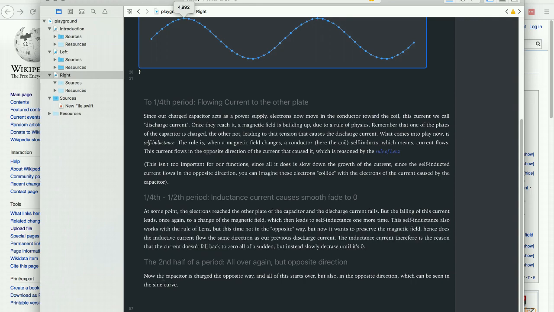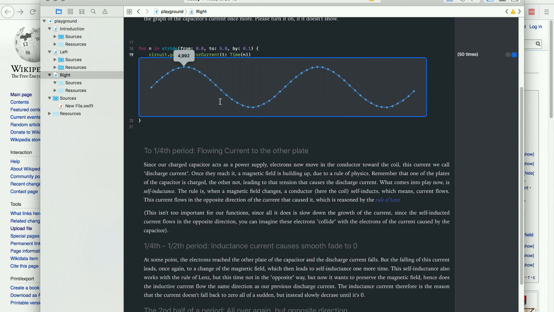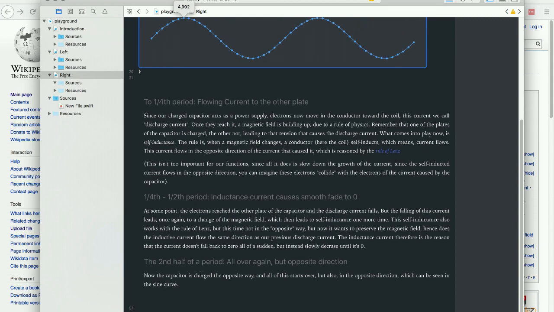The second half of a period, so one whole period, since we could just move around where we want it to be. So we are here right now, right? That's where we were from 1/4, from here to 1/2, so here. Now the capacitor is charged the opposite way, and all of this starts over, but also in the opposite direction, which can be seen in this sine curve.